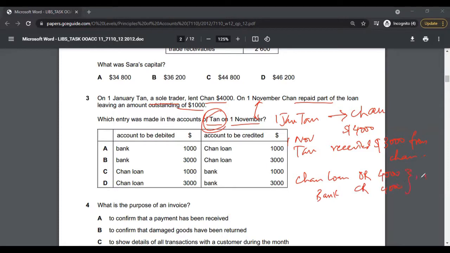This is on 1st Jan. Then on 1st November, Tan received $3,000, so bank debit $3,000, and then the asset, which is the investment, will go down by $3,000 because Chan paid $3,000, right? So this would be credit. This is the entry on 1st November. You'll find this option, that's option B. So the correct answer to multiple choice 3 is option B.